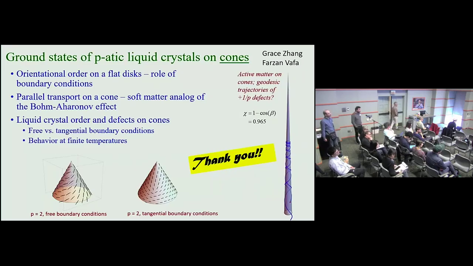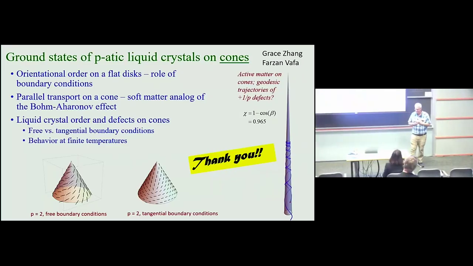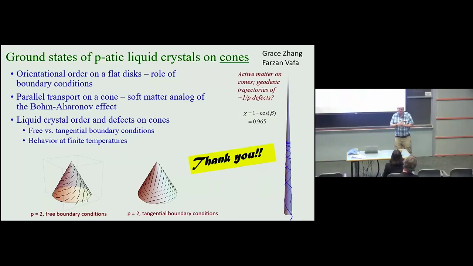And a cone is similar, but locally it's flat. And so you need to put in a few judicious parallel transport terms, but in a sense it's an easier problem, but nevertheless has this chaotic dynamics of defect emission and absorption, etc.